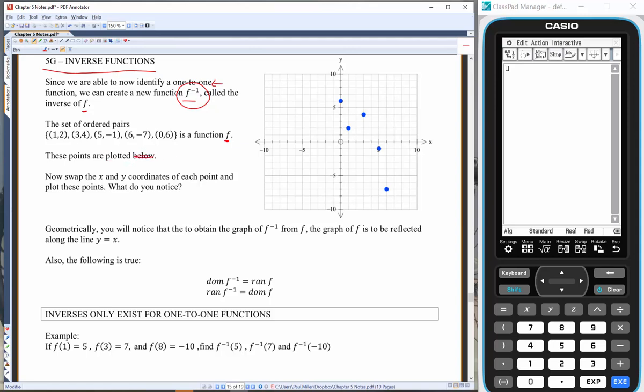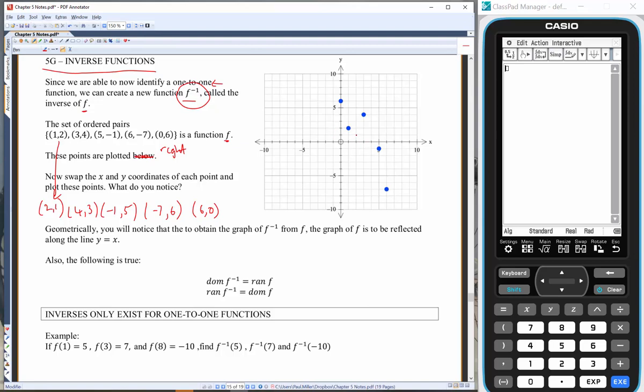Points are plotted. What we're going to do is just swap the x and y coordinates of each point and plot the points. And what do we notice? So the first coordinate is going to swap to that. Then we're going to get 4, 3, negative 1, 5, negative 7, 6, and 6, 0. So let's plot those points.